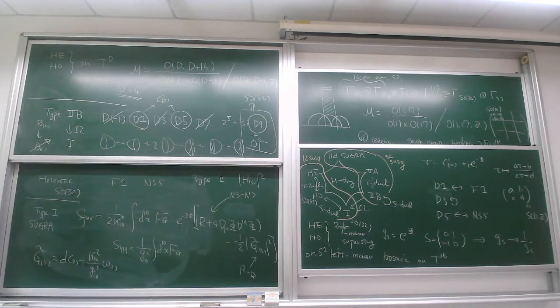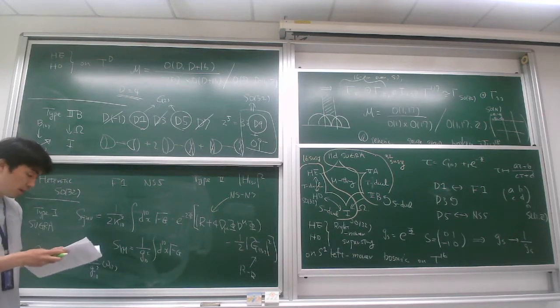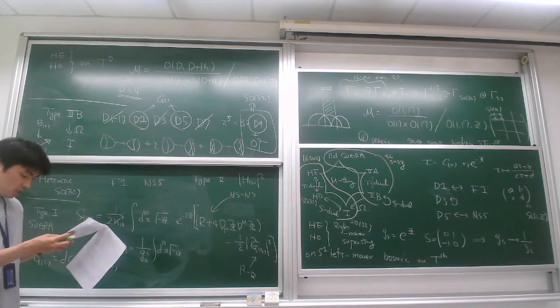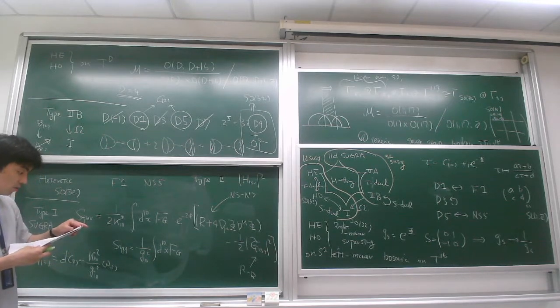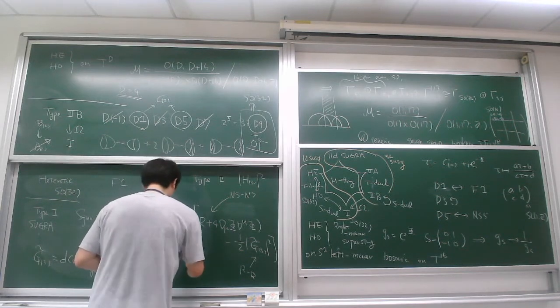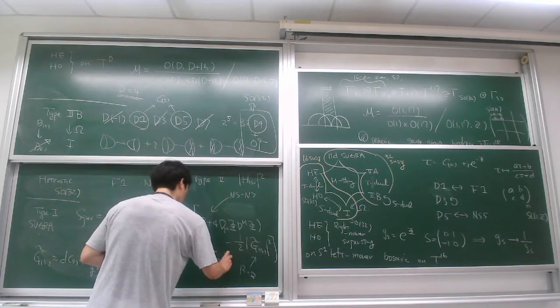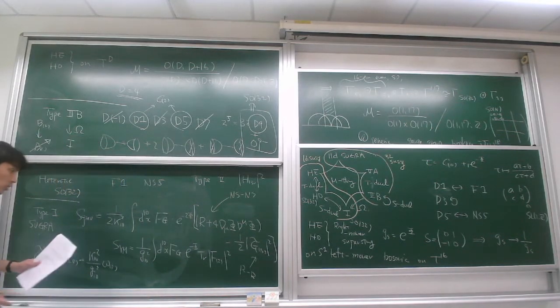I already forgot what the dilaton factor is, I think e to the minus 2 phi F squared. What's the correct action? The correct action is e to the minus phi, and the trace of F squared. So this is the Yang-Mills action.